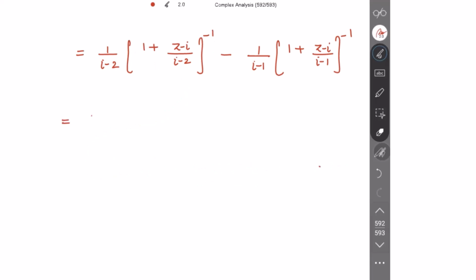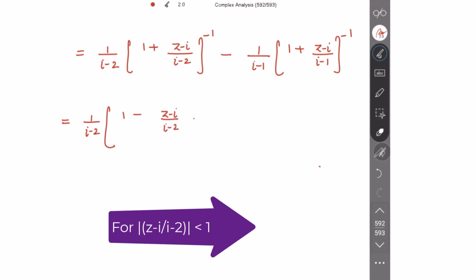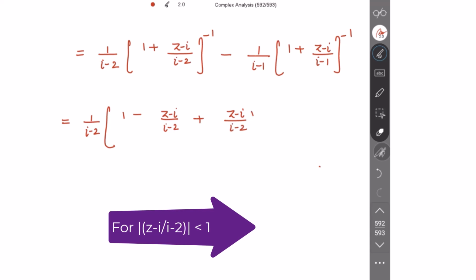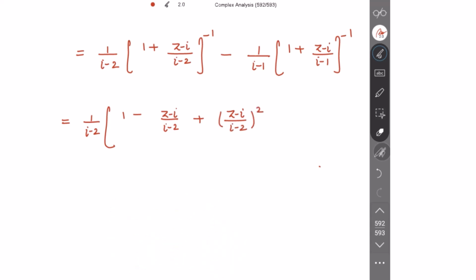So this is equal to 1 divided by iota minus 2 and expanding 1 minus z minus iota divided by iota minus 2, then plus z minus iota divided by iota minus 2 whole square, then minus z minus iota divided by iota minus 2 whole cube, and so on.